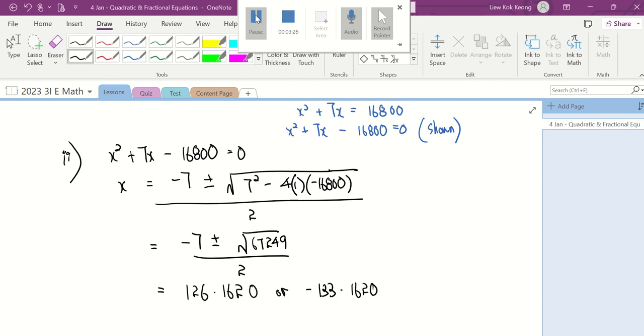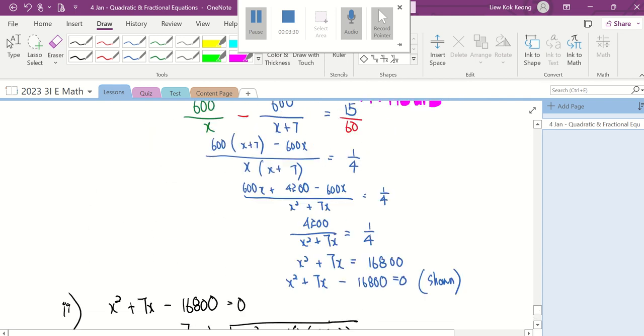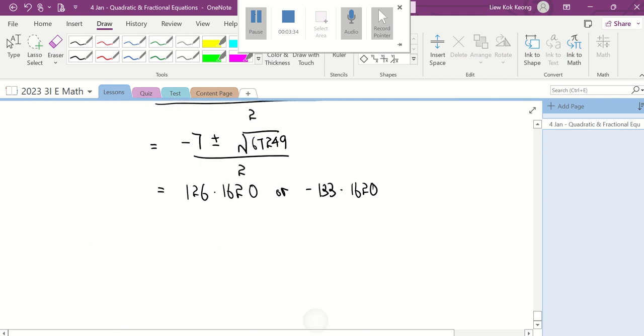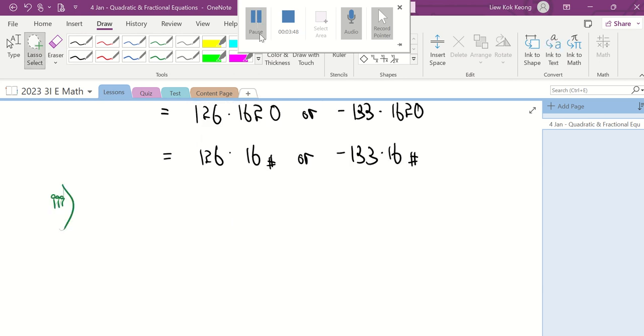Okay, because this is not the final answer, instead of giving 3 decimal places or 2 decimal places, I give 4 decimal places before I round off to 2 decimal places. Alright, after I round off to 2 decimal places, remember to underline the 2 final answers.